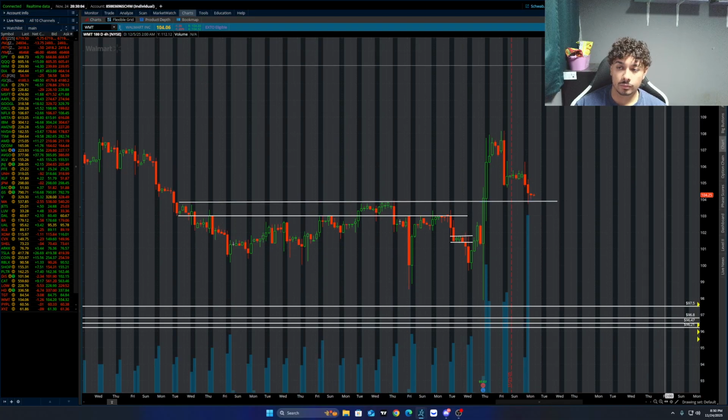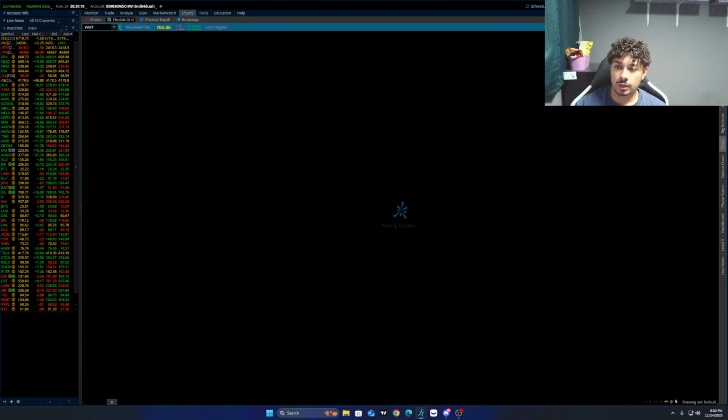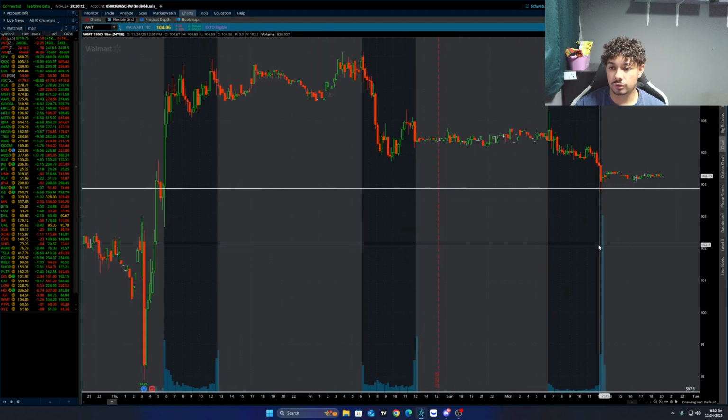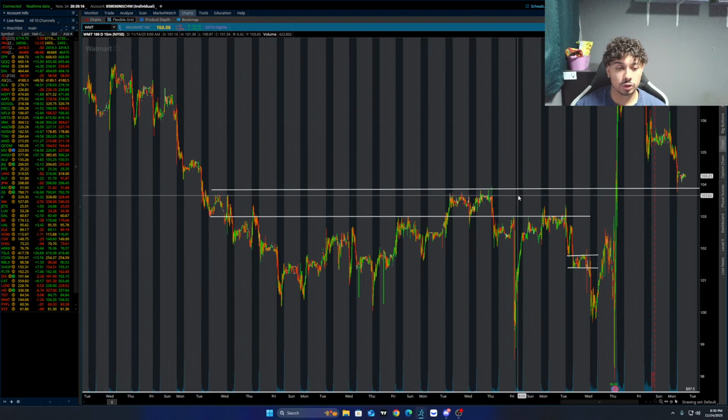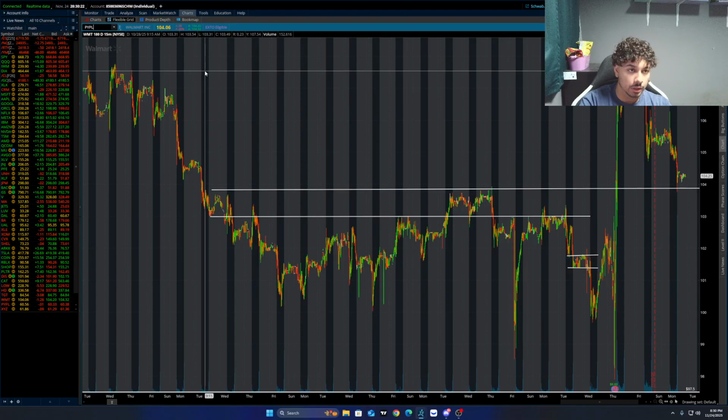Right there. Still too risky to say just because it bounced, but it's still trending downwards. So this could be good for longs. This could be good for shorts, in my opinion. Not worth trading.